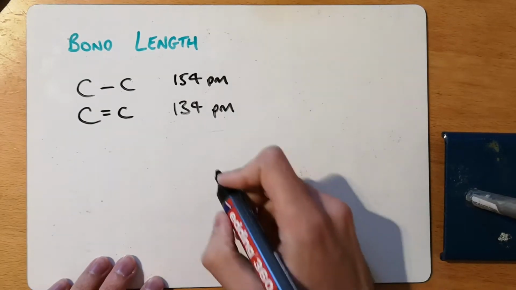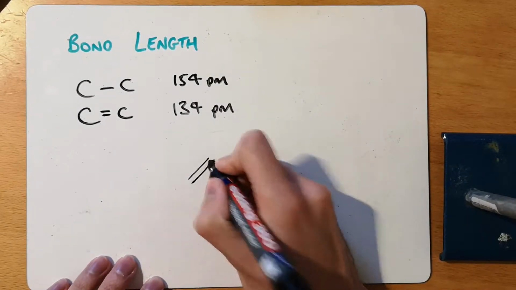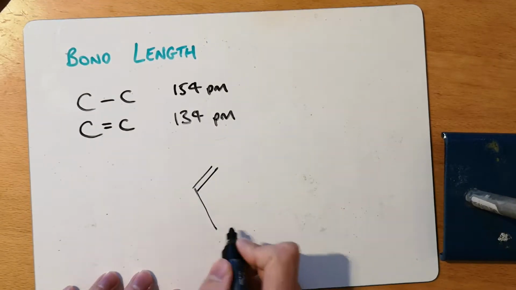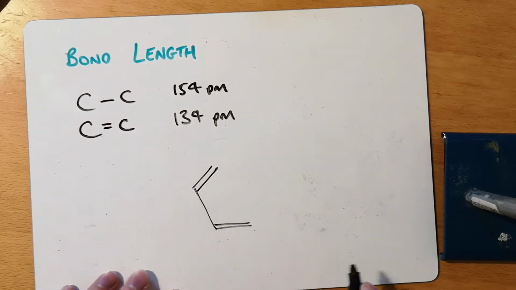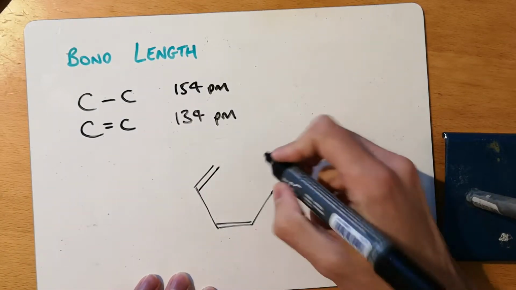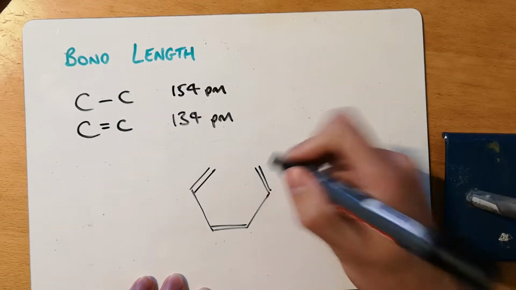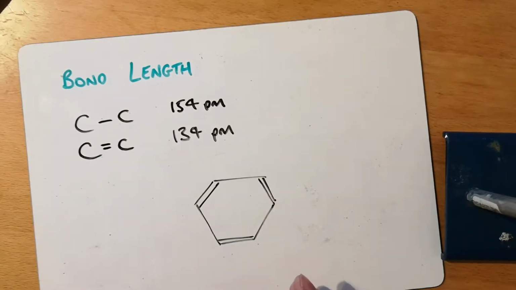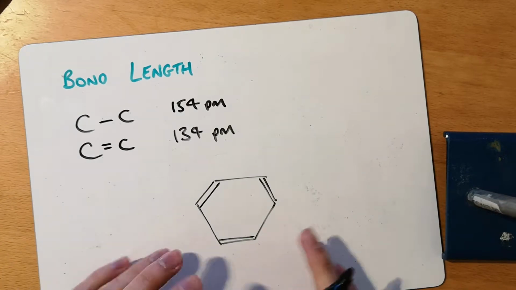So what we'd expect to see in the structure is short double bonds bonded to long single bonds, and we'd get an irregular hexagon. My drawings are pretty terrible.